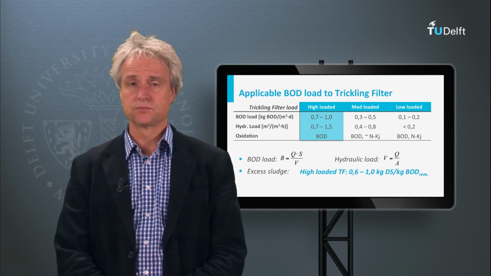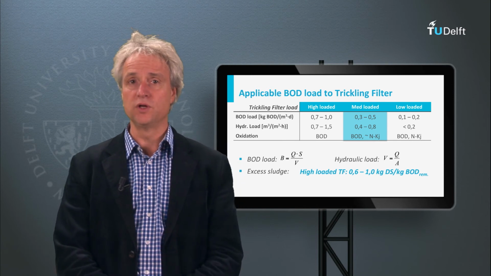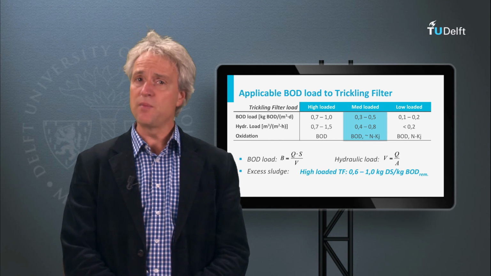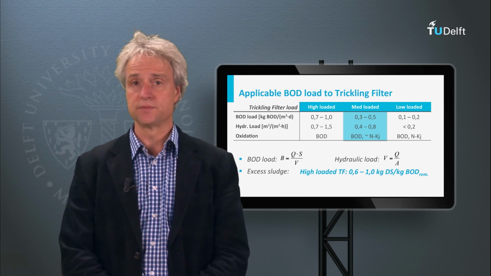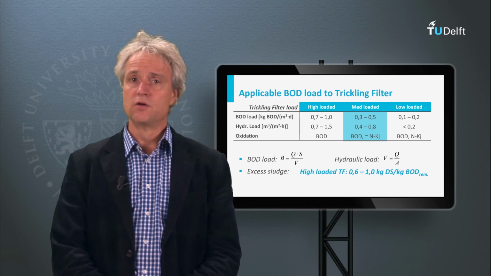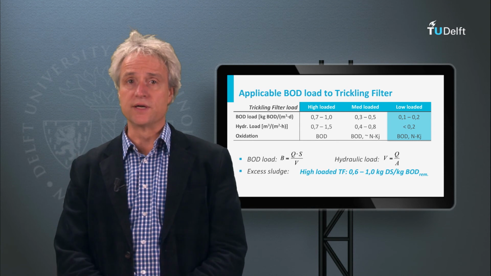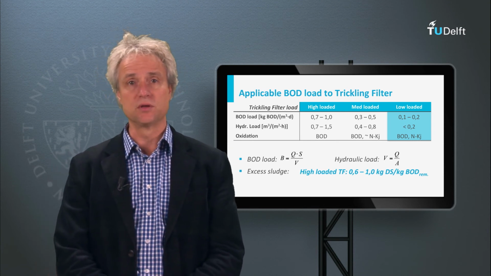At intermediate loading of 0.3 to 0.5 kg BOD per cubic meter per day, full BOD oxidation will occur and maybe also part of the reduced N forms will be oxidized to nitrate. Full nitrogen oxidation can only be expected at low loading rates of about 0.1 to 0.2 kg BOD per cubic meter per day.